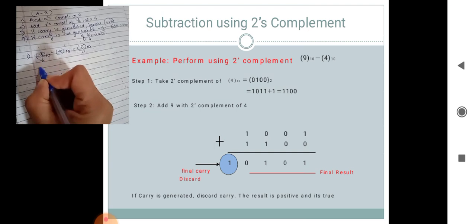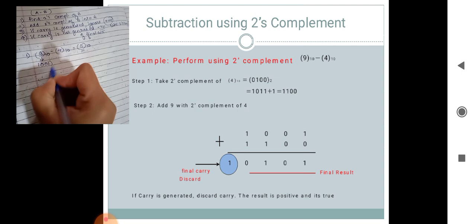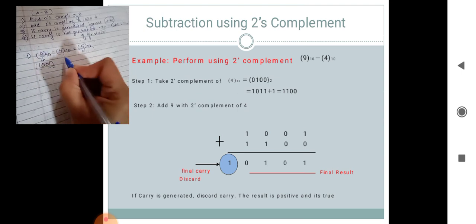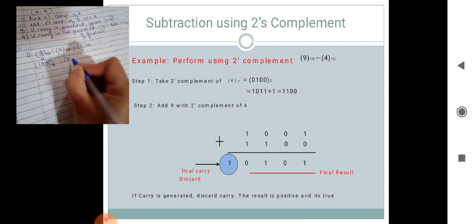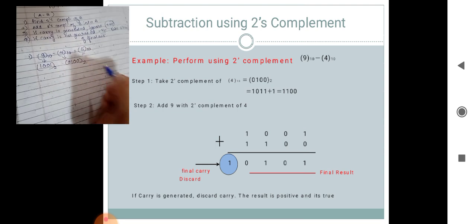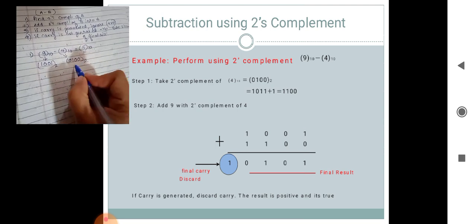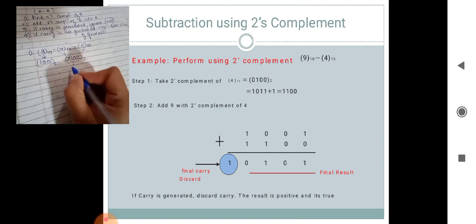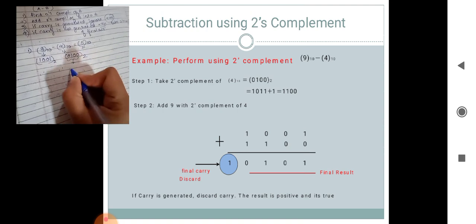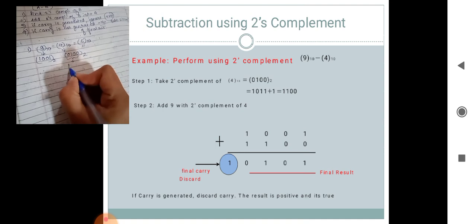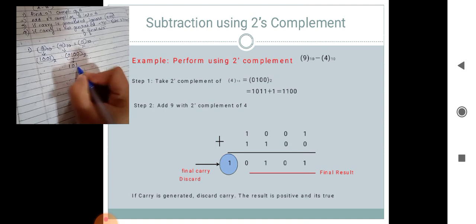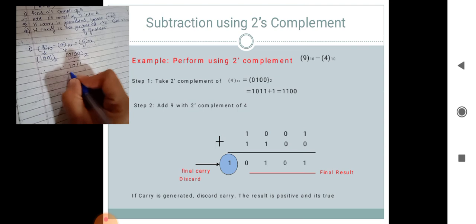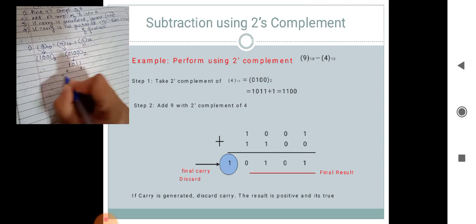The 4-bit binary of 9 is 1001, and for 4 it is 0100. So we have to find out the 2's complement of this number, right? So first take 1's complement of this number, that is 1011. Then add 1 to it, it will give you 2's complement.